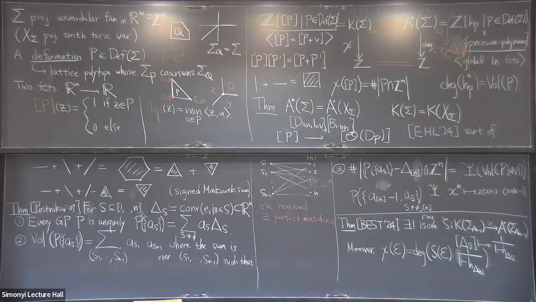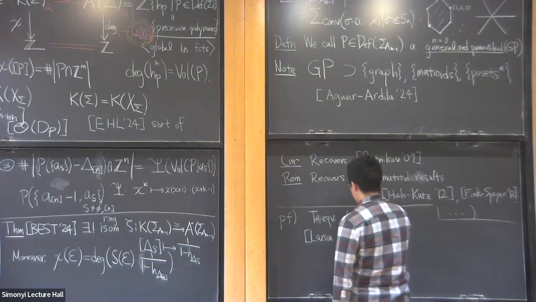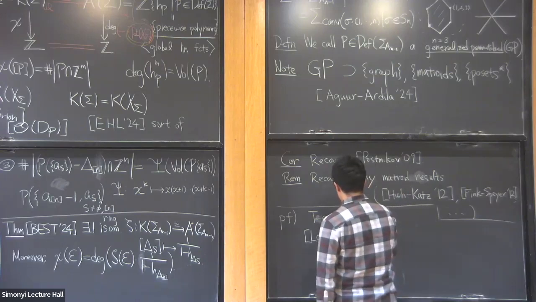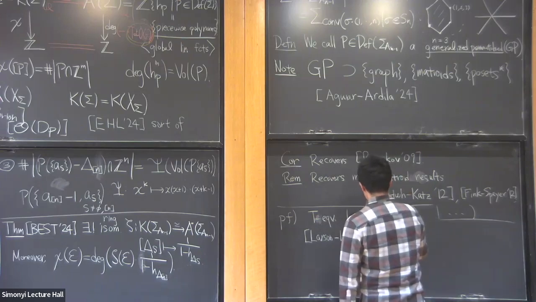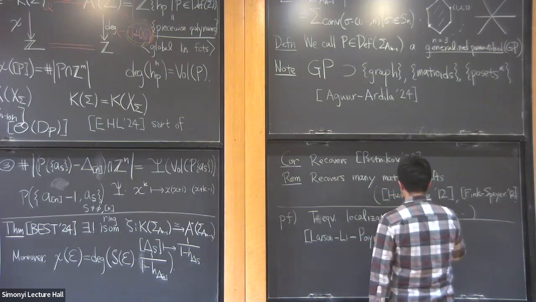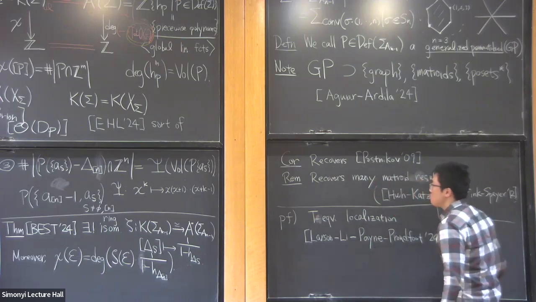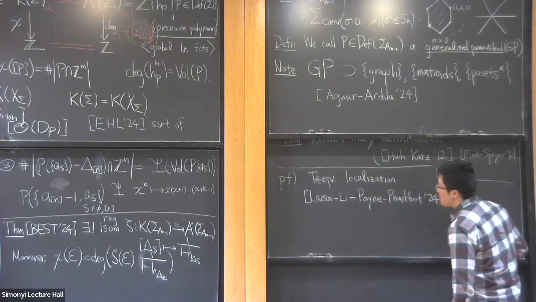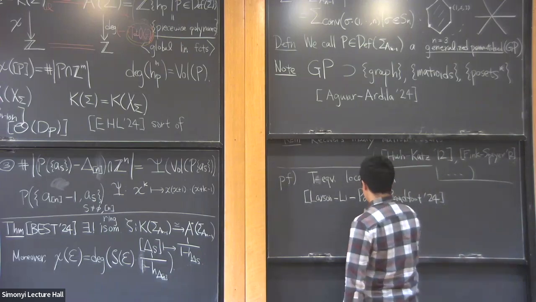Okay, so there was one proof. There's actually a proof of this result, in a little more general setting, due to Matt, Chia, Sam, and Nick Proudfoot, I think it's 24. And I'll just say loosely what one of the observations behind this is. So the proof here is a little more geometric.